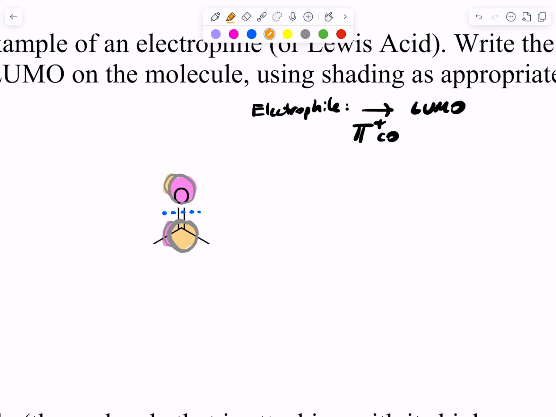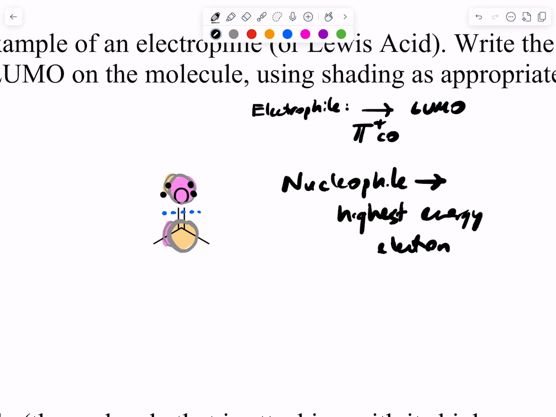Do non-bonding lone pairs go into this at all? Yep, non-bonded lone pairs. You noticed I ignored something. There are lone pairs on the oxygen. So if we were thinking about this molecule as a nucleophile, what are the highest energy electrons in the molecule?